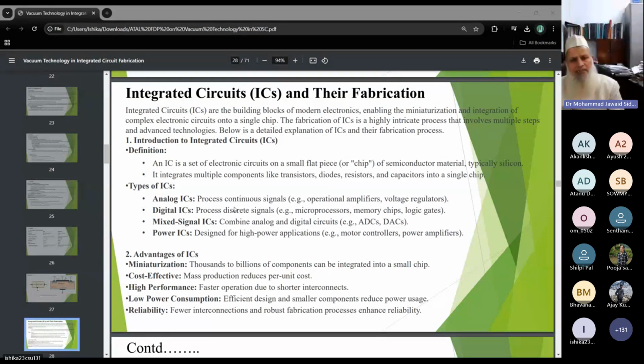In integrated circuits, all the components are fabricated on a single wafer at the same time. Suppose we have 10 BJTs, then starting from the collector, the collectors of the 10 BJTs will be fabricated simultaneously.